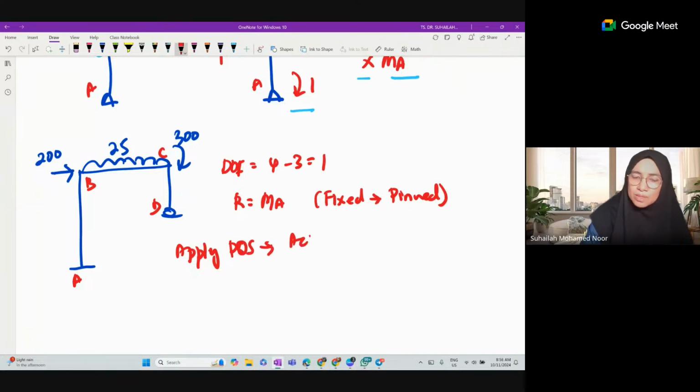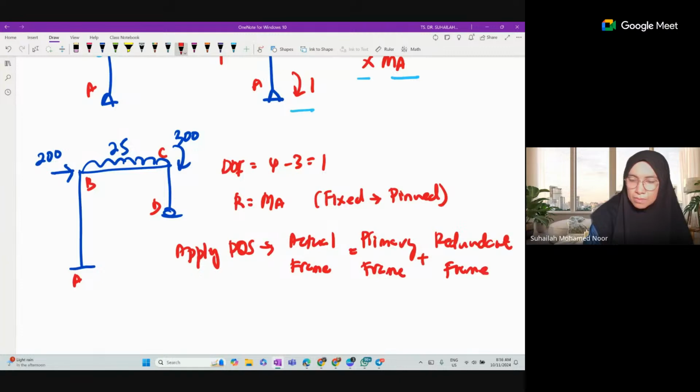The actual frame equals the primary frame plus the redundant frame. So we have two determinate frames to be analyzed.